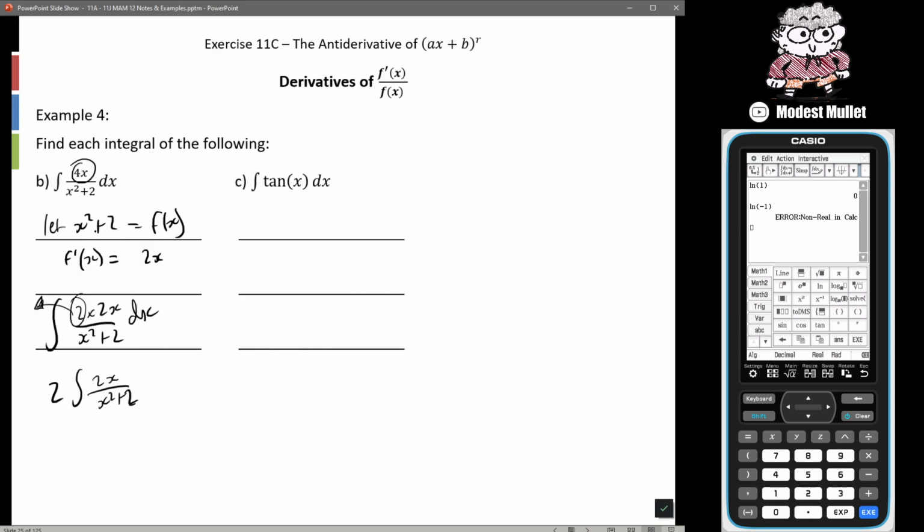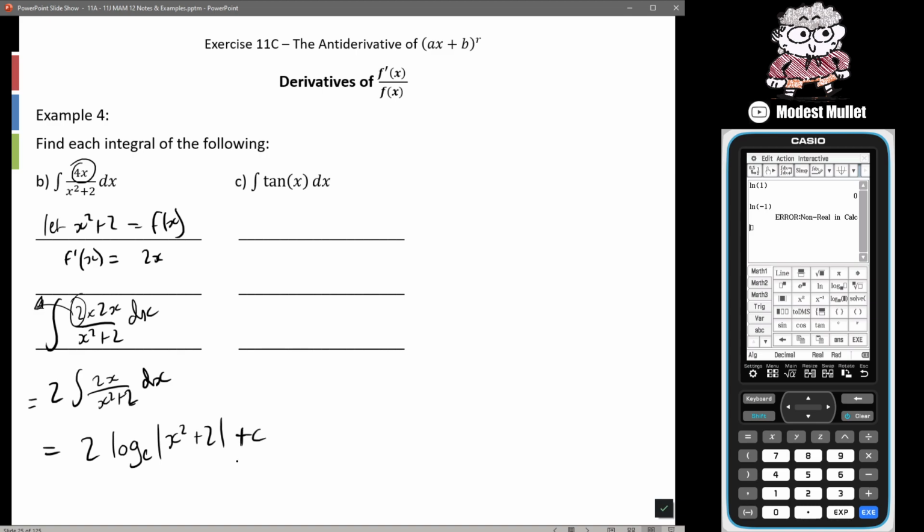This one I had to technically divide the 4 by 2 or just think of it as a common factor. Taking that out, take it out the front to get it as I needed. So I can now use the rule that that is going to be equal to 2 just stays out the front, log to the base e of whatever is in the denominator plus c.